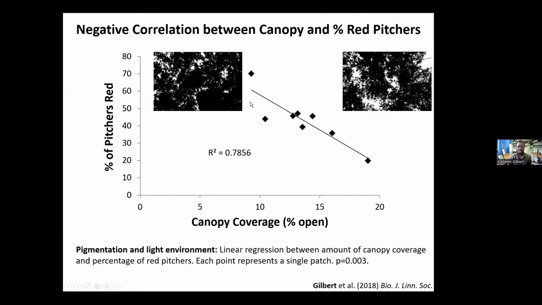However, the trend is the complete opposite of what we would expect from this photoprotection hypothesis. As you can see in these darker areas, so more canopy coverage, greater proportion of red, and as it's more open, greater proportion of green. So a strong trend, but complete opposite from what I was expecting here.